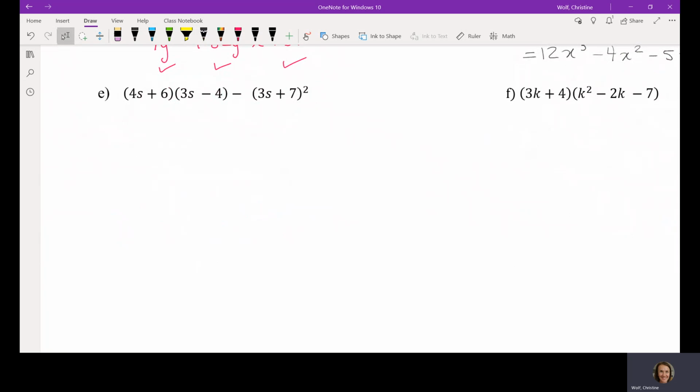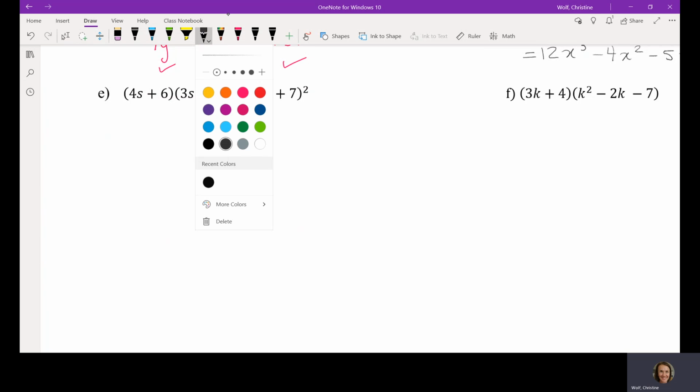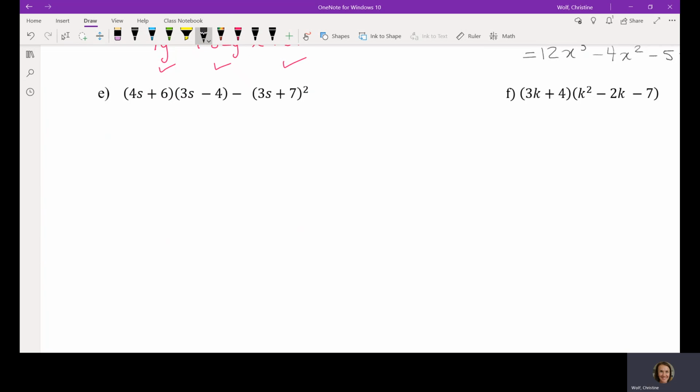So this is where the meat and potatoes really are. So as you can see, I have two binomials multiplied together out front, and we've done that a lot. But then I am making you minus another two binomials multiplied together. Because remember, when you square something, that means times itself.